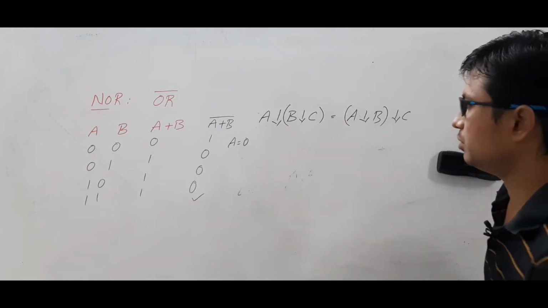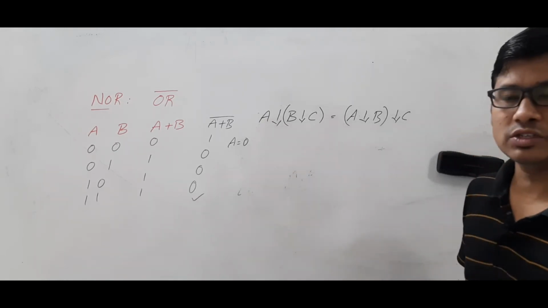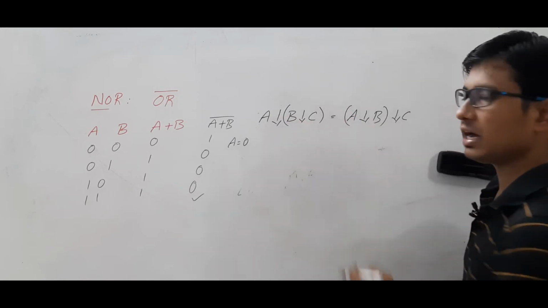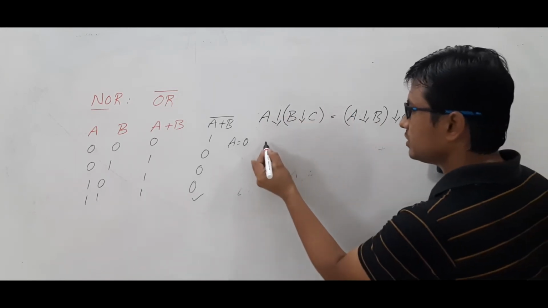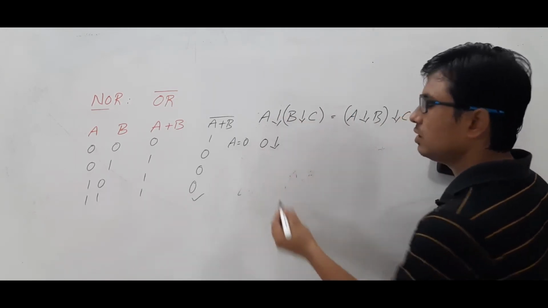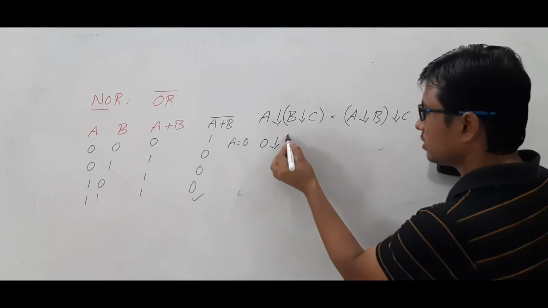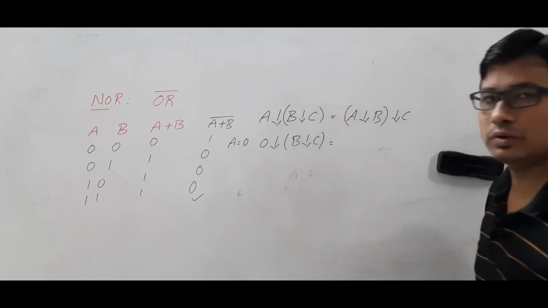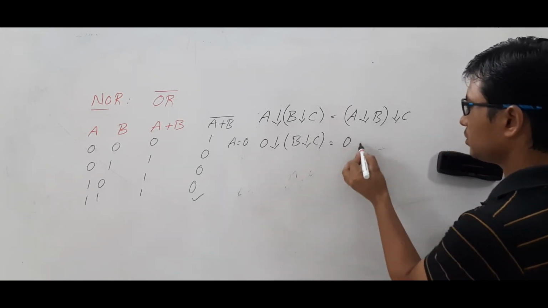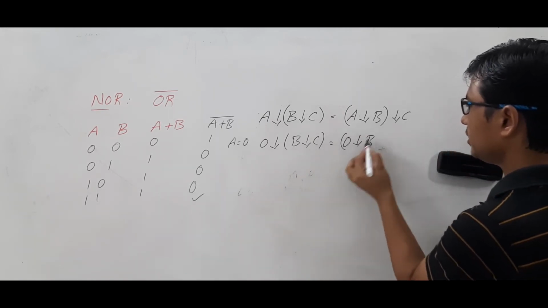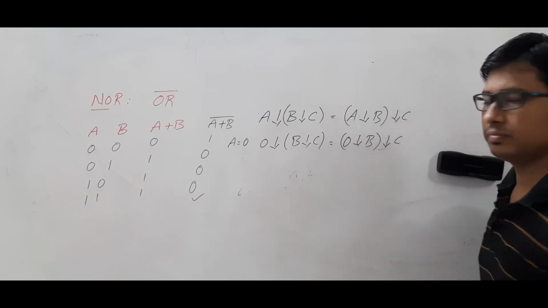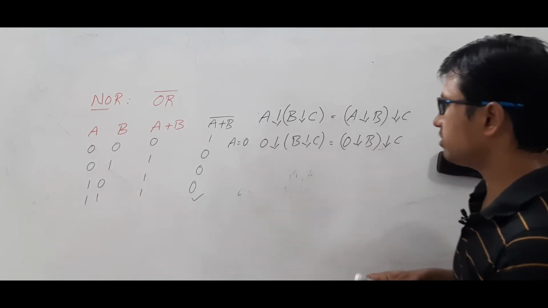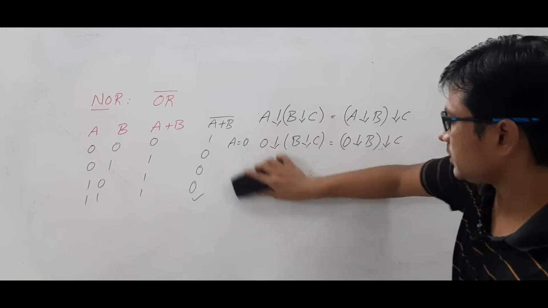We will discuss now. If I keep the A value equal to 0 in the LHS and RHS, what will happen? This is equal to 0 NOR B whole NOR C, which is A equals 0, NOR B, whole NOR C. Are you able to understand?